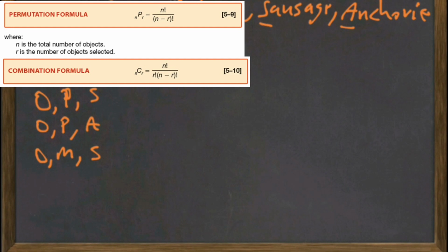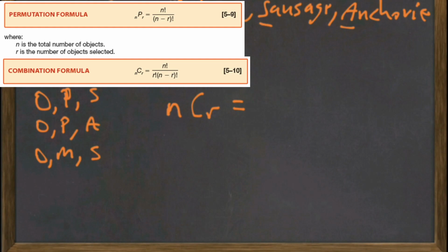When we want to choose, one way to talk about it is n choose r. We have n objects, and we want to choose r of them. So we do the same thing we did with the permutations. We have n factorial on the top.